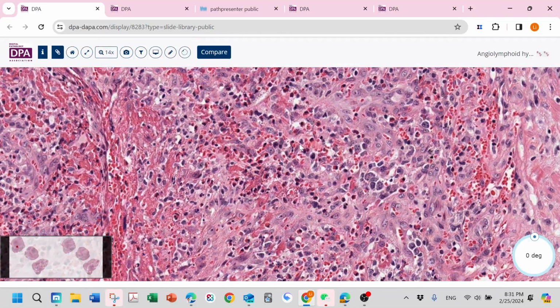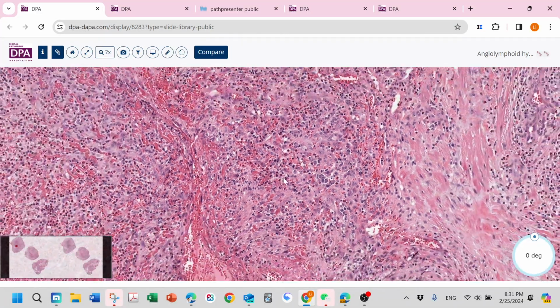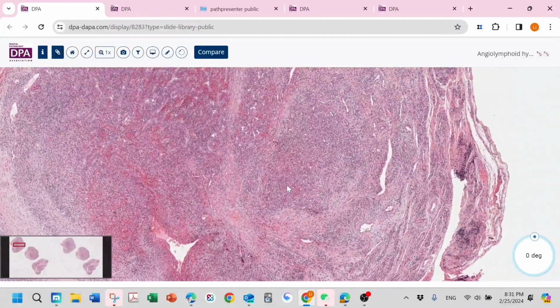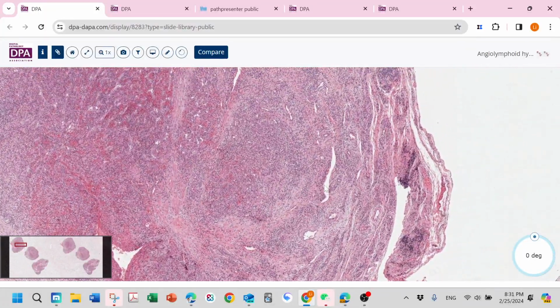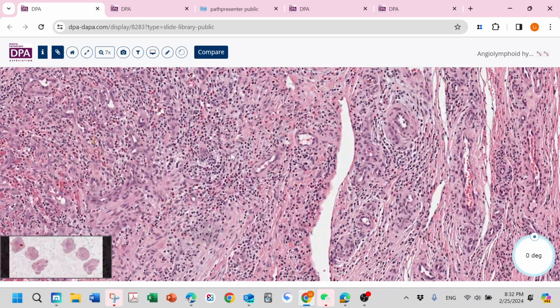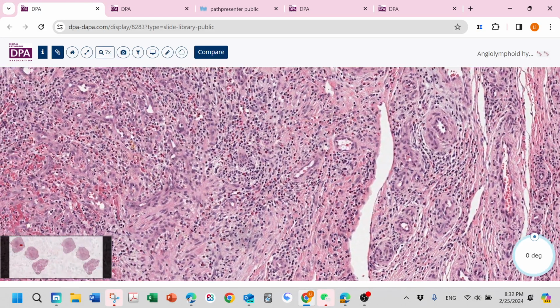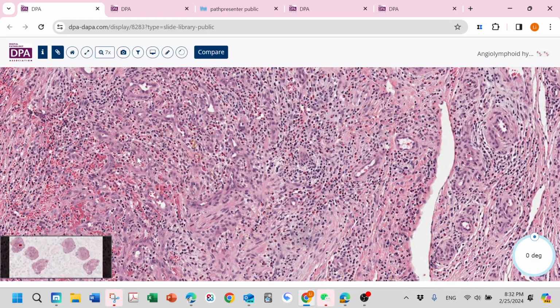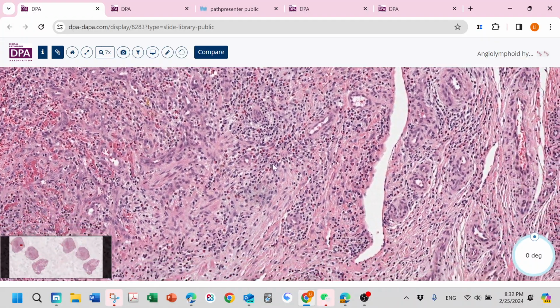When you see these eosinophils, you should think of ALHE, and then find a big dilated blood vessel, and some vessels around. They're trying to form a lumen, but they are not good at their job, an immature proliferation of endothelial cells.